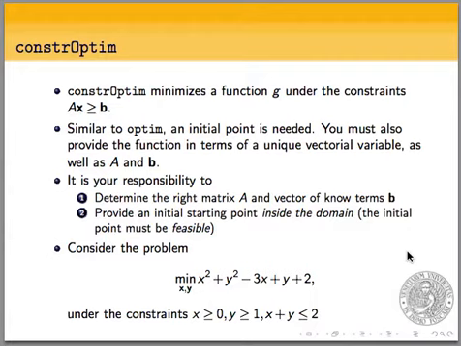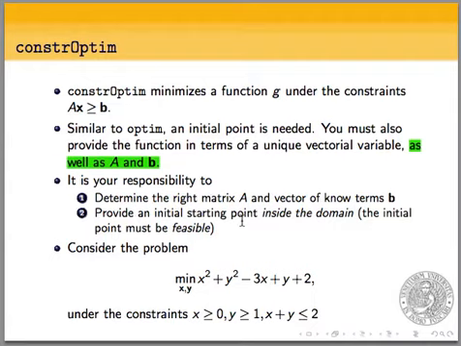The function, exactly as it was the case with Optim, must be a function of a unique vectorial variable. So typically, you define g in terms of x and y, and as we have done in the past, you then define the second version, the so-called b version, gb, as a function of a unique variable. And moreover, you must also provide a description of your constraints, which basically boils down to provide the matrix A and the vector B.